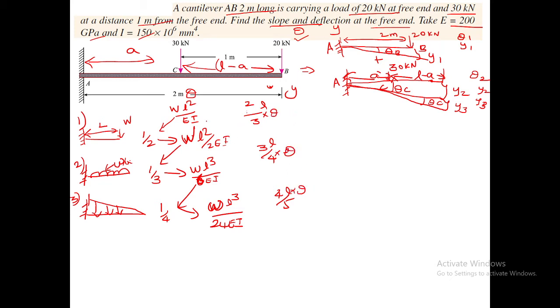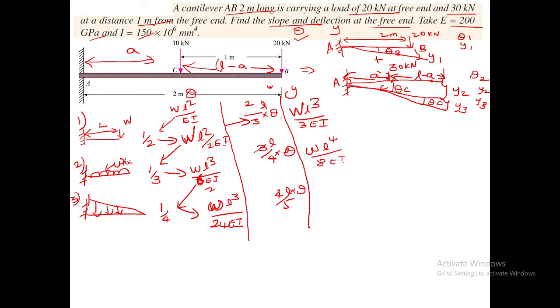Multiply with this one and get WL cube divided by 3EI. Here 3 into 2, so 8, WL to the power 4 by 8EI. So this is the deflection for the end point load.